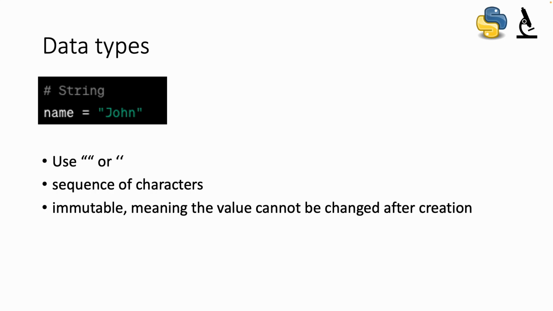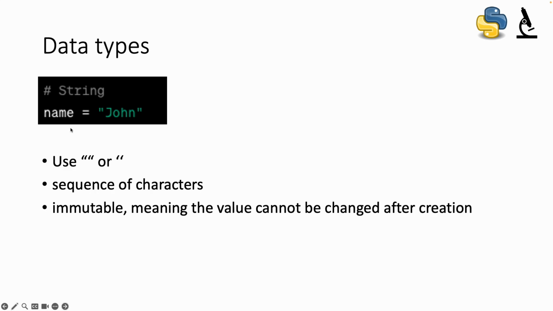And next, the strings. A string is a sequential data type. You can see here these quotation marks, and they mark that a string follows after this equal sign here. For example, John.